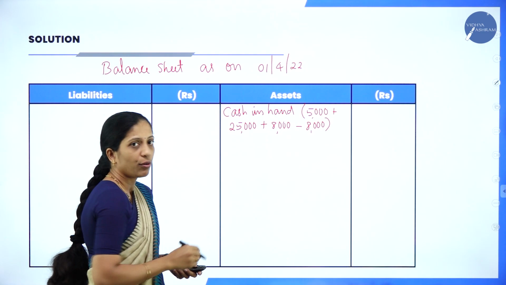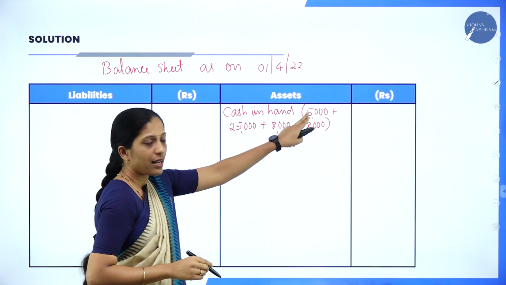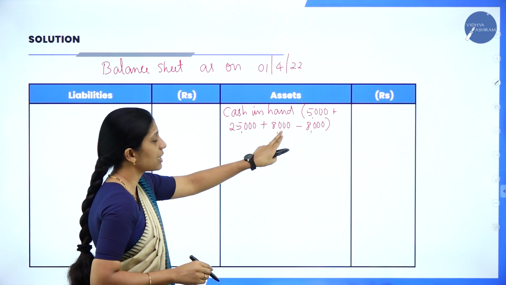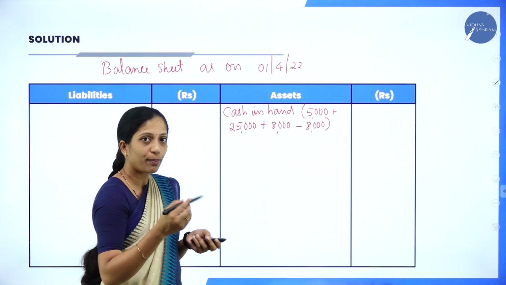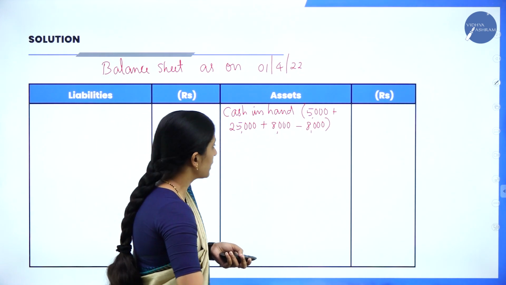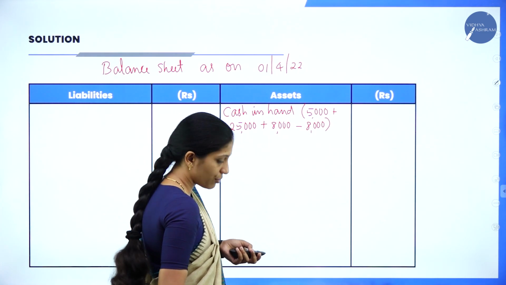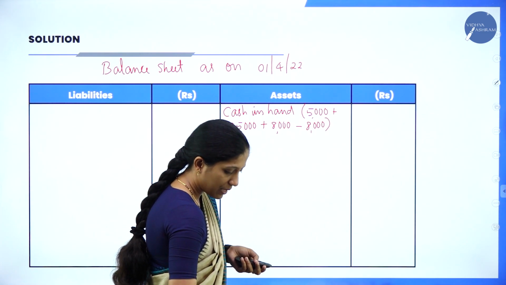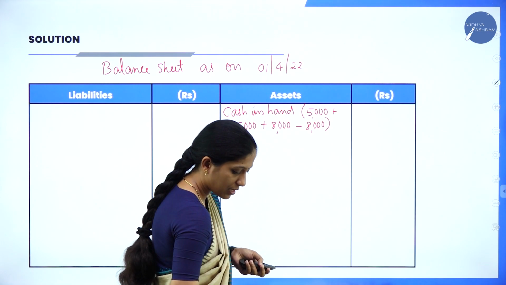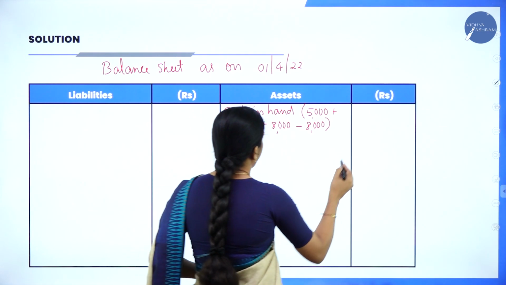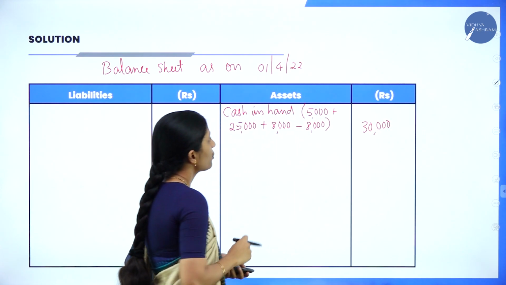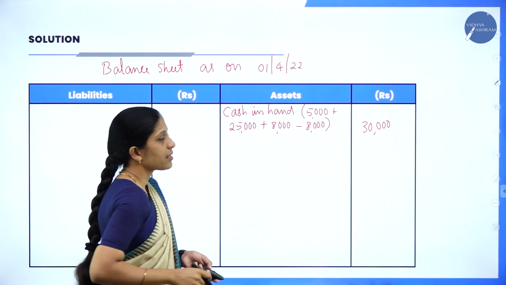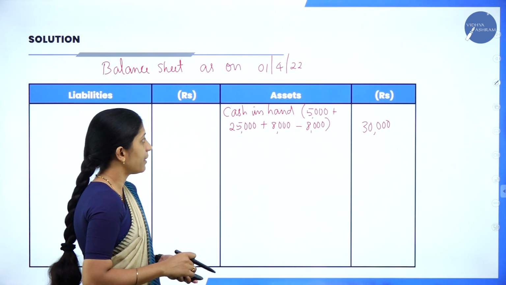So 5,000 given in the balance sheet plus capital 25,000 plus goodwill 8,000 minus goodwill withdrawn, so minus 8,000. So how much is it? 25 plus 5, 30,000. 30,000 plus 8,000 minus 8,000. So it will be 30,000. So hope you are clear. So this is how you will write the cash in hand.